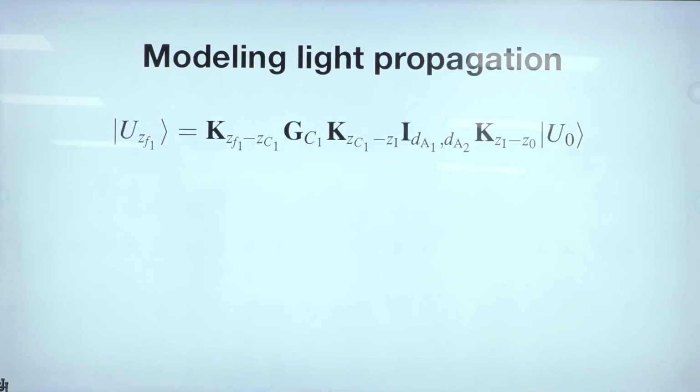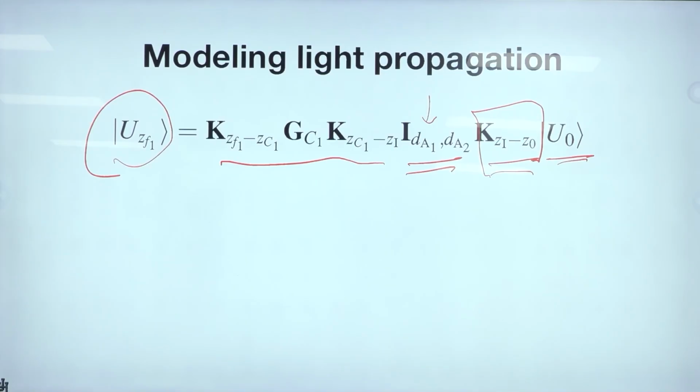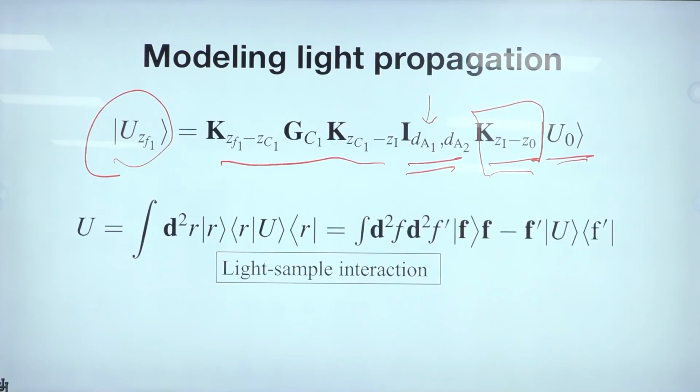So you put them all together. Light goes into the interferometer, goes back and forth, then goes through the focusing system and falls on the sample. Once it falls on the sample, it interacts with the sample. This is light-matter interaction, so there is another operator.